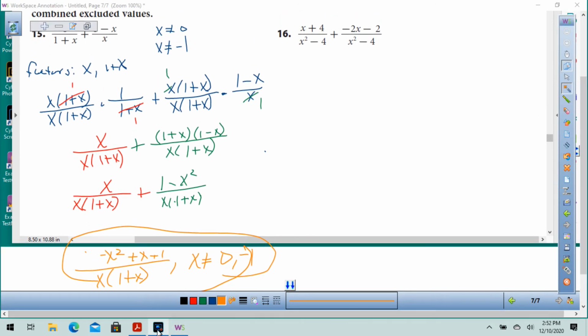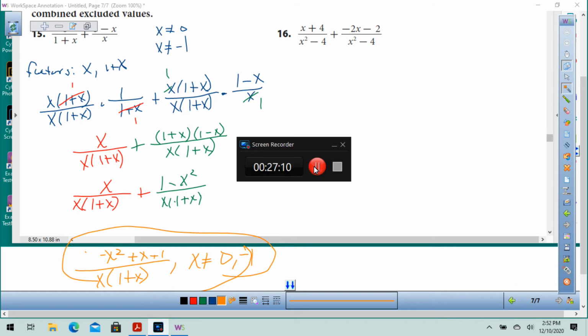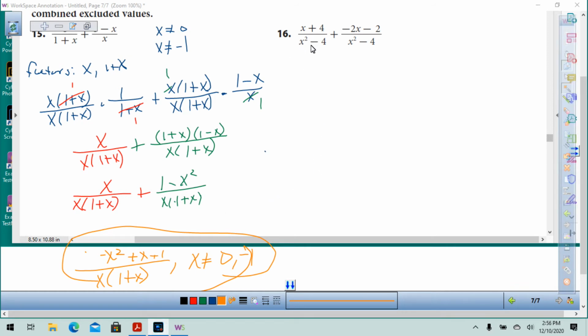Number 16. If you notice, these two both have the same denominator. So you can go ahead and add those. x minus 2x would be negative x, and then 4 minus 2 would be plus 2. Over x squared minus 4.